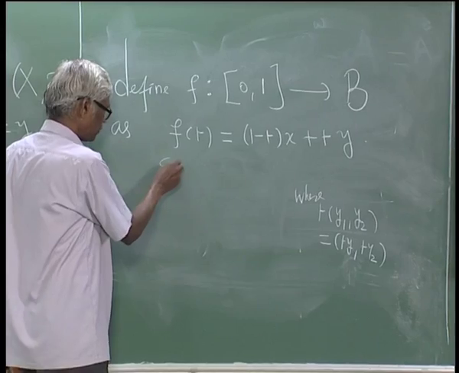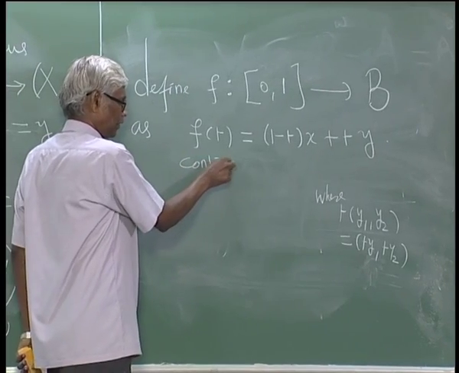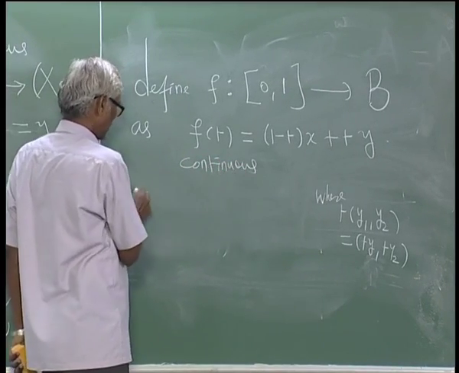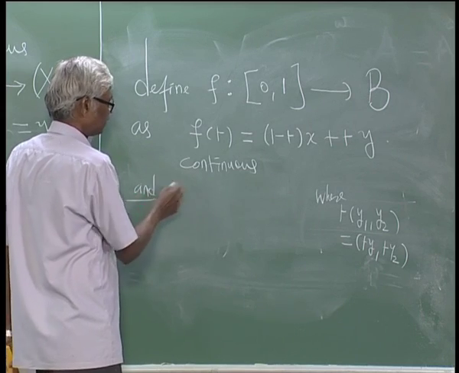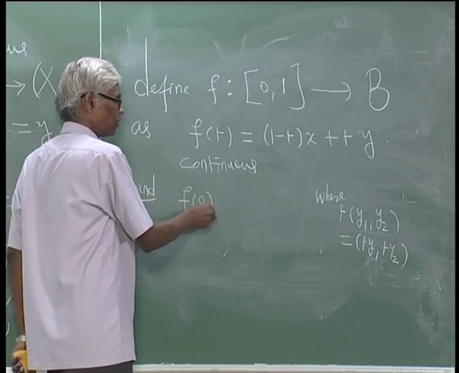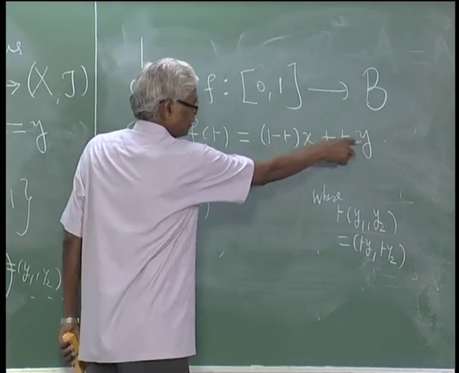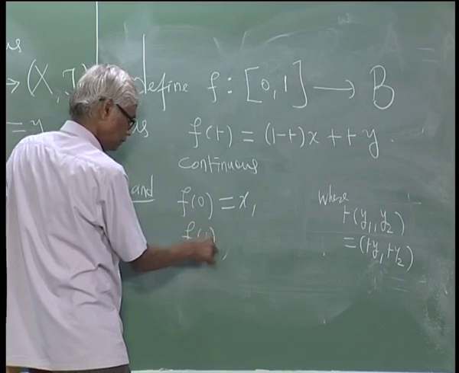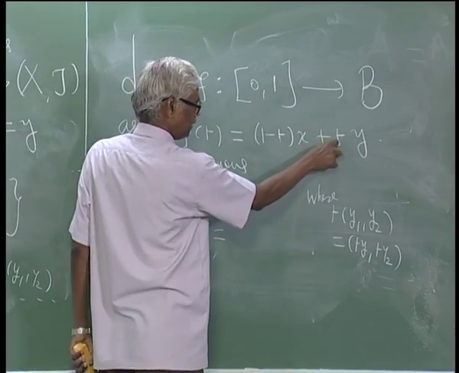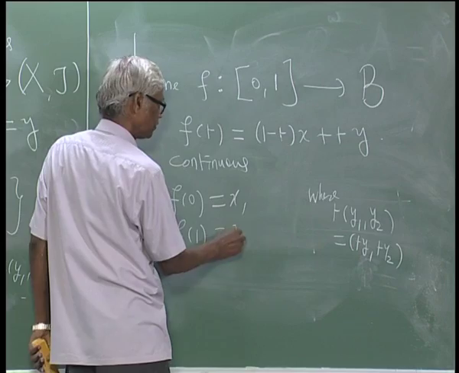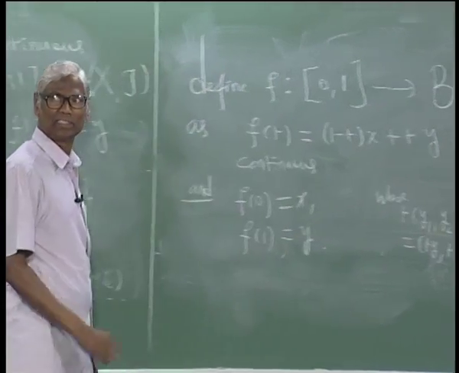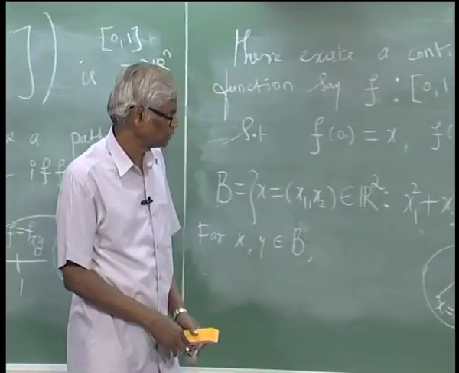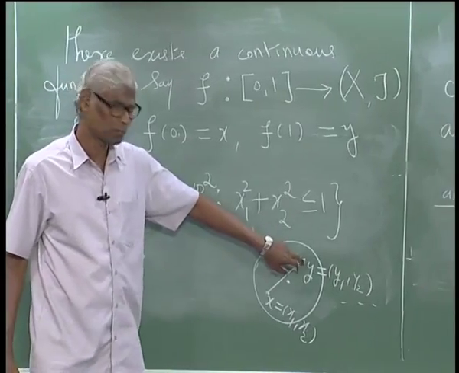We can easily prove that this is continuous. At t equal to 0 we get x, and at t equal to 1 we get y. So, that is a path joining any two points x, y.